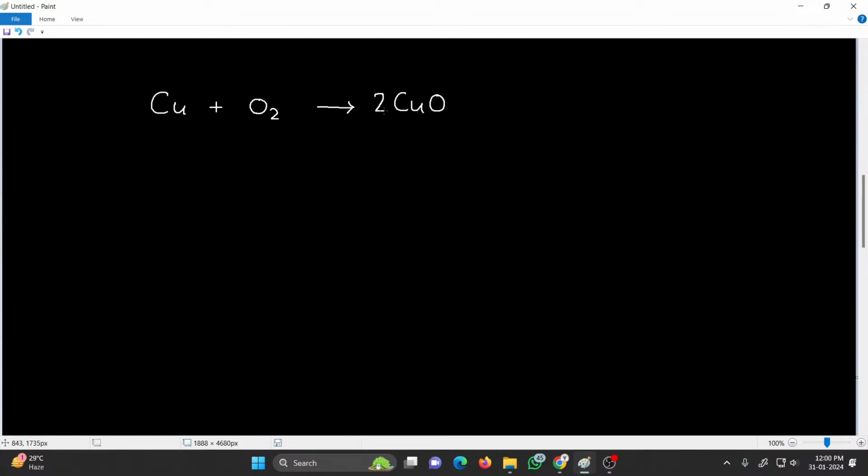To balance the reaction, we have to write 2 here and 2 here. So this copper 2 oxide is formed. Here copper is showing valency 2. It is also called cupric oxide, or nowadays it is called copper 2 oxide.